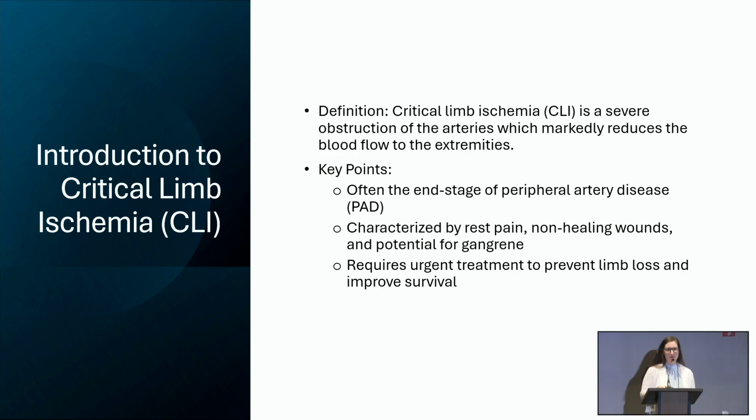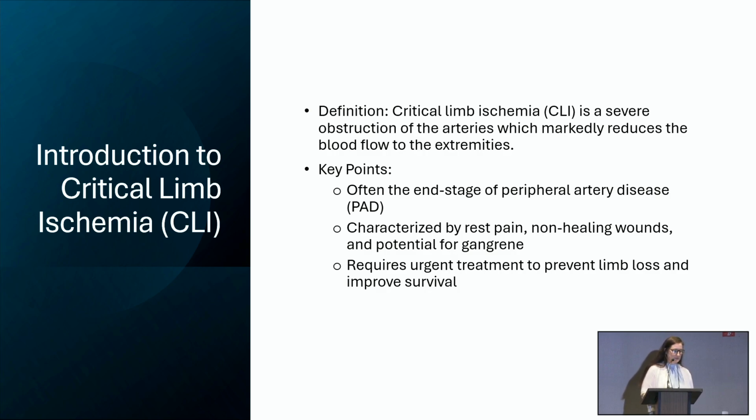Okay, so we've talked about all of the different stages of peripheral artery disease already, but just a little bit of an overview. What I'm going to be talking about today, critical limb ischemia, or CLI, is a severe obstruction of the arteries which reduces the blood flow to the extremities. It's like the end stage of PAD in our patients.